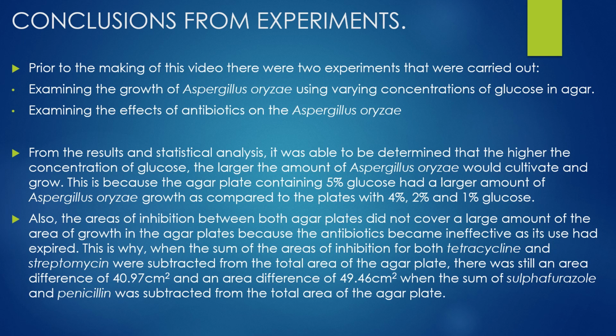This is why, when the sum of the areas of inhibition for both tetracycline and streptomycin were subtracted from the total area of the agar plates, there was still an area difference of 40.97 centimeters squared and an area difference of 49.46 centimeters squared when the sum of sulfurylazole and penicillin was subtracted from the total area of the agar plates.